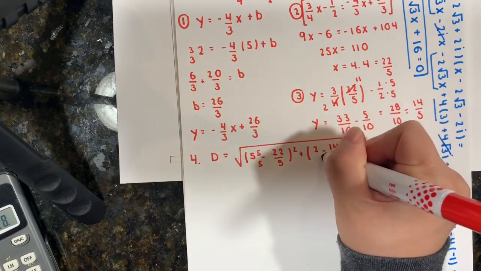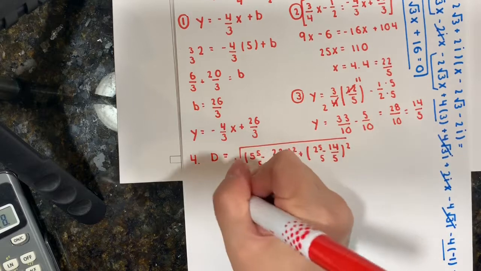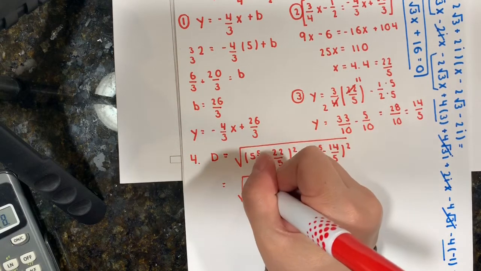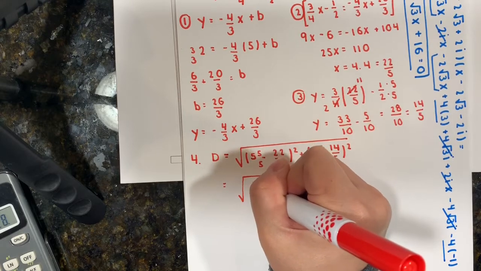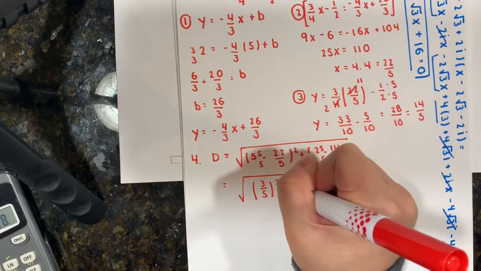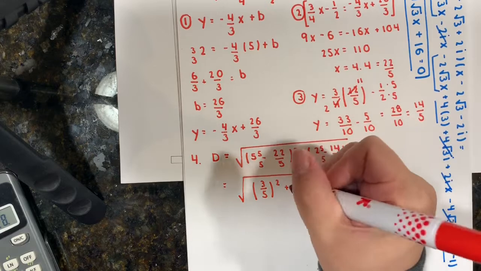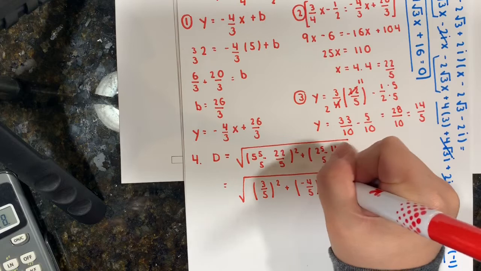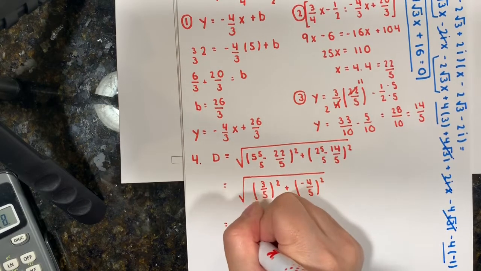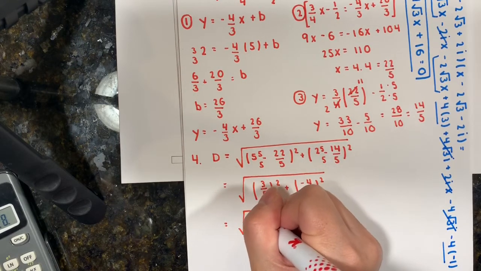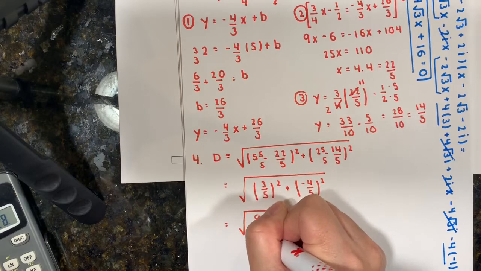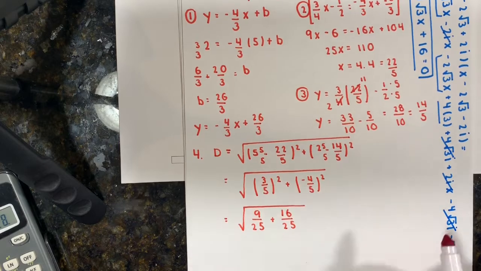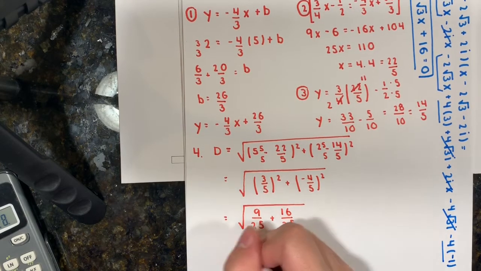Common denominator, common denominator. 25 minus 22 would be 3 over 5 squared. 10 minus 14 would be negative 4 over 5 squared. So that would be 9 over 25 plus 16 over 25. Oh, wow, look at that. 9 plus 16 is 25.